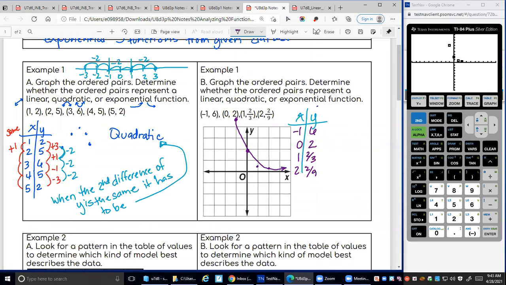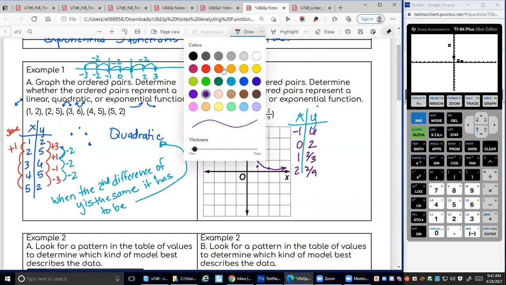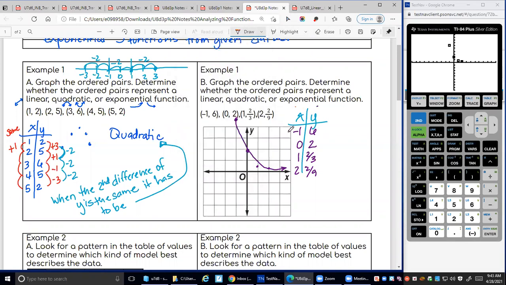Now, if we're looking at it with strictly a table, guys, okay, and we don't have access to the calculator, this is how you do it. You say right here, we know that we're increasing by 1. So as long as it's the same, we can move on to the next step, right? The next step, you want to ask yourself, am I subtracting by 4 every time?